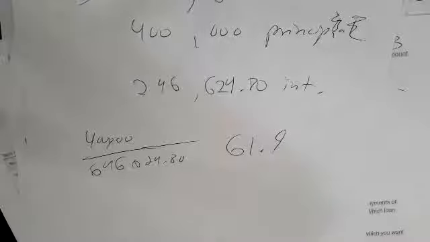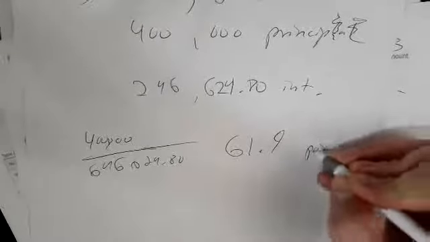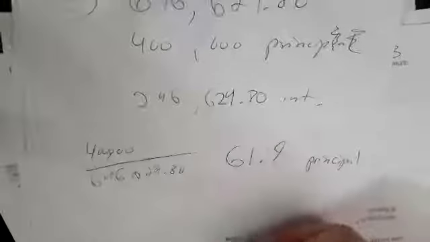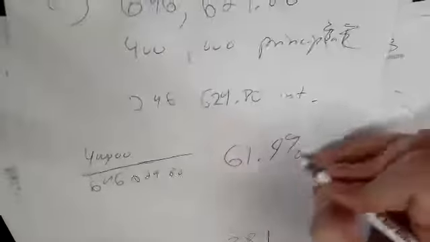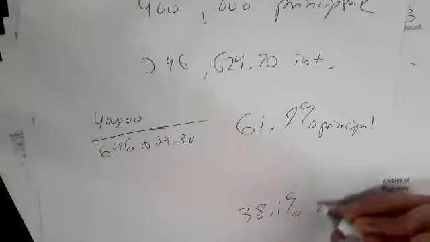And I'm going to be really lazy and just do 100 minus 61.9. So if this is my principal, 38.1% would be my interest.